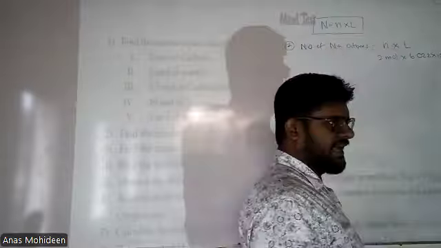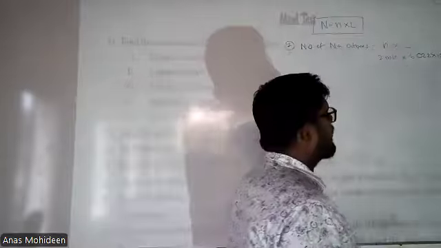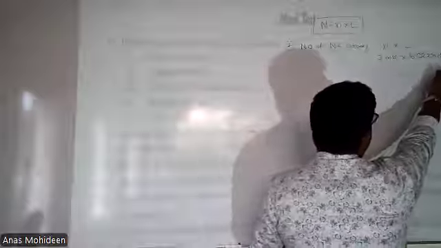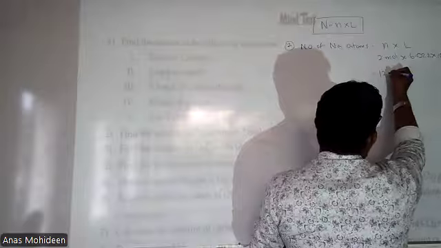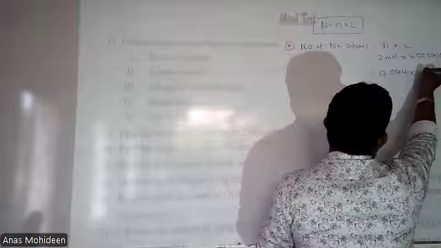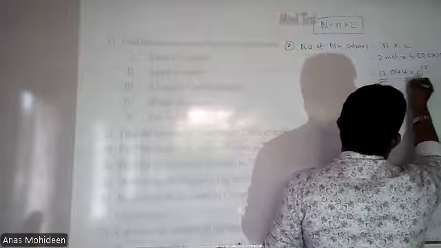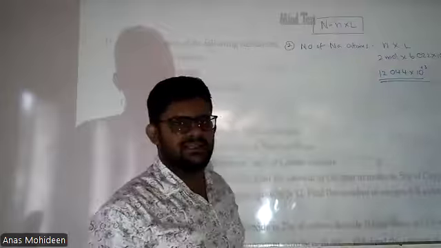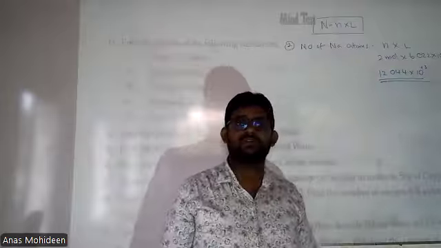In 1 mole, that amount. In 2 moles, you have to just multiply. Then you get 12.044 into 10 to the power 23. So how many particles are there? 12.044 into 10 to the power 23.